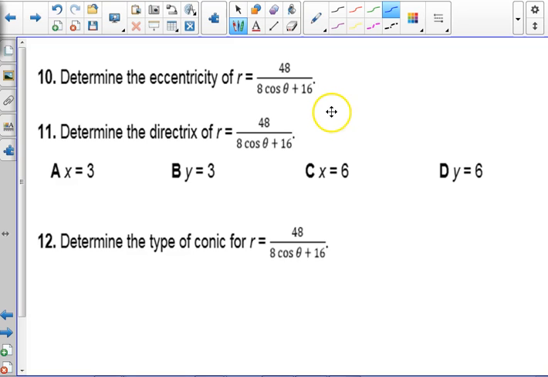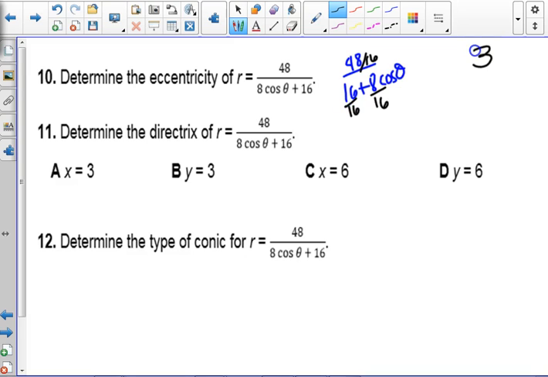The choices are going to be E equals 8, E equals 16, E equals 6, E equals 48. It's 48 over 16 plus 8 cosine theta, but what needs to be a 1? The 16 does. We have to divide by 16 here, here, and here.